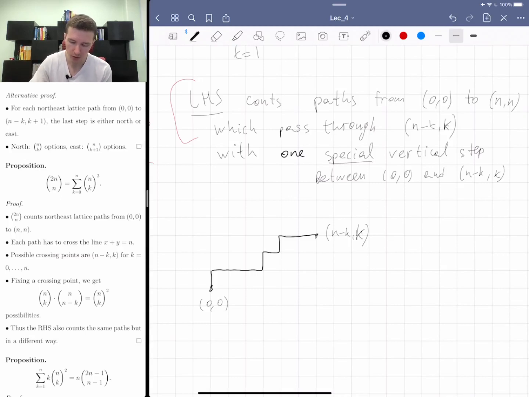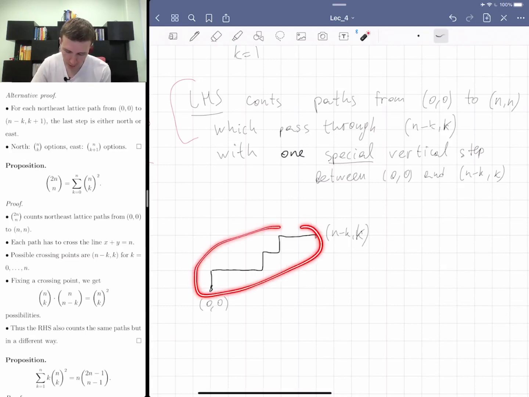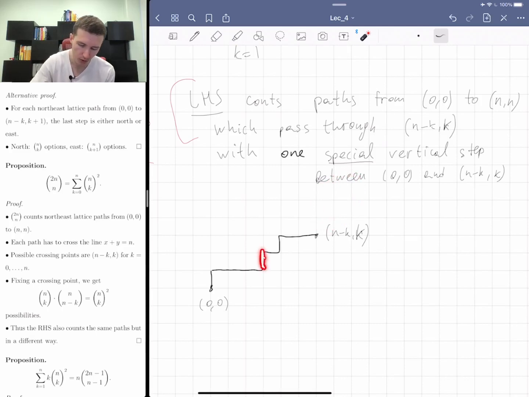So I choose the first part of the path, the second part of the path, and then in the first part I just choose one step, maybe this step. I just decide that it's the special vertical step. And this is an easy way to get an extra k multiplier for each term.